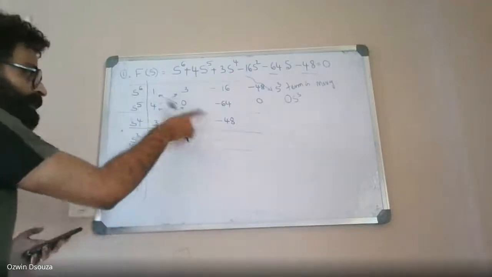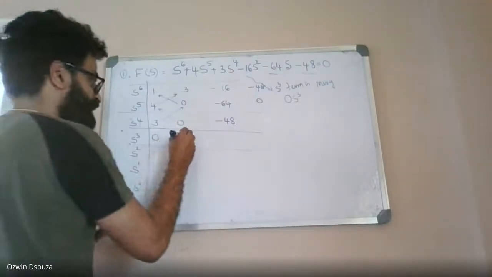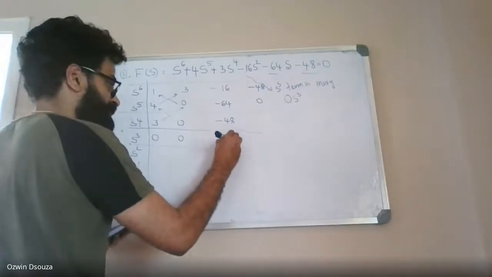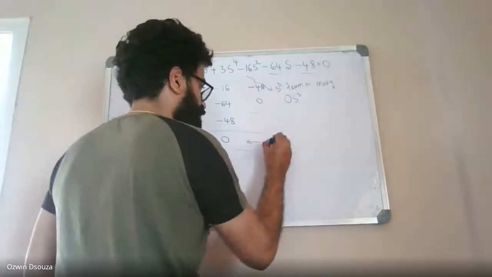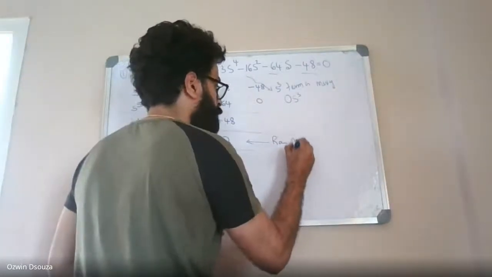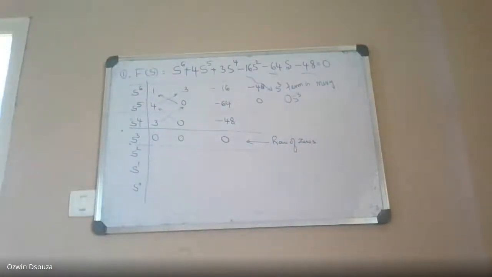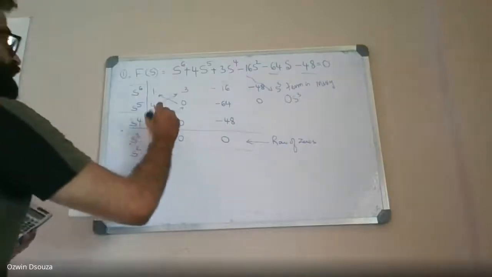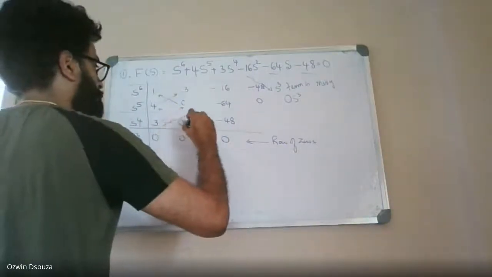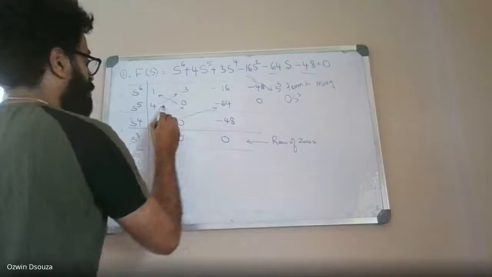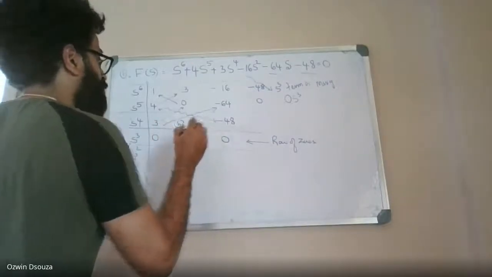Basically, when you multiply, this also you will get as 0. So there we have a row of zeros. Row of zeros. Please cross-check on your calculator when you multiply this.